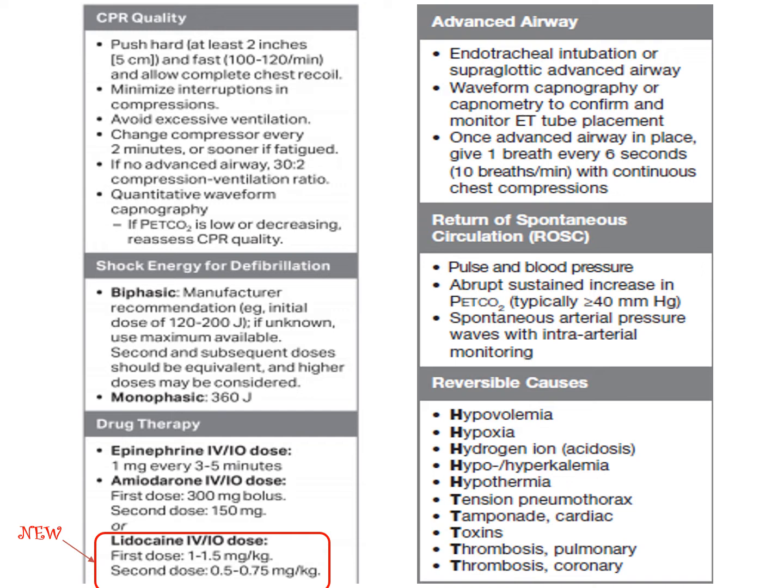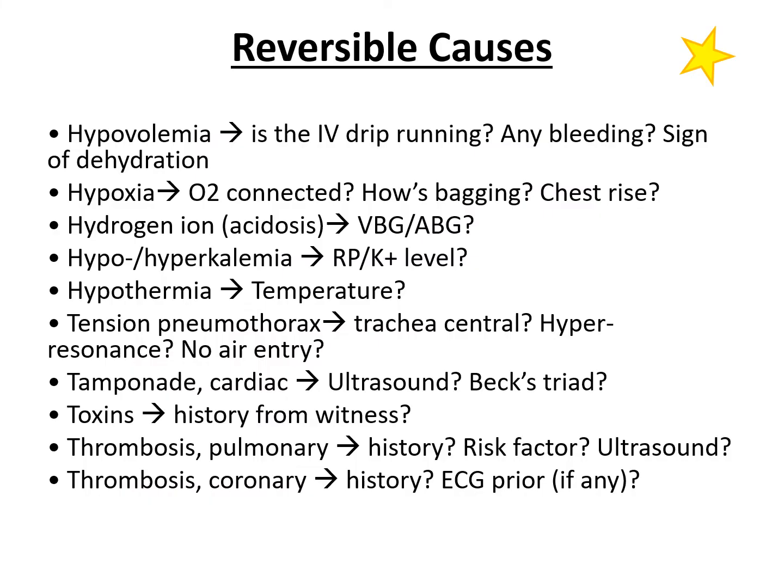For this course, you need to memorize all the 5Hs and the 5Ts for reversible causes. Actually, it's not easy to remember 5Hs and 5Ts, especially when you are stressed out during cardiac arrest resuscitation. So I suggest approach from the head downwards.